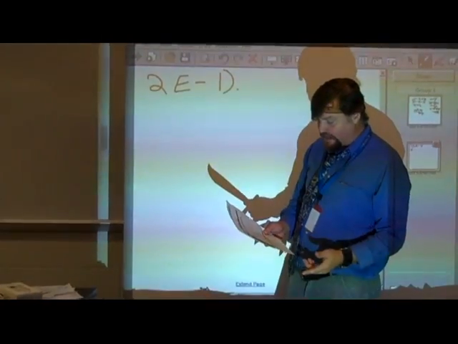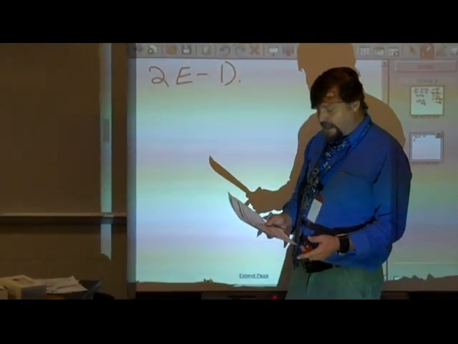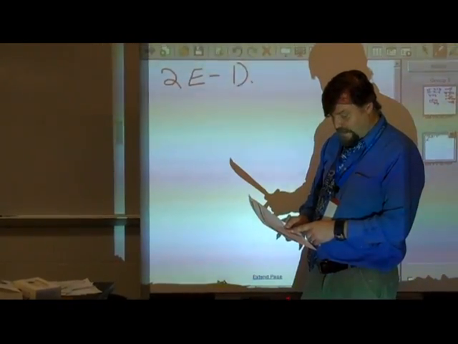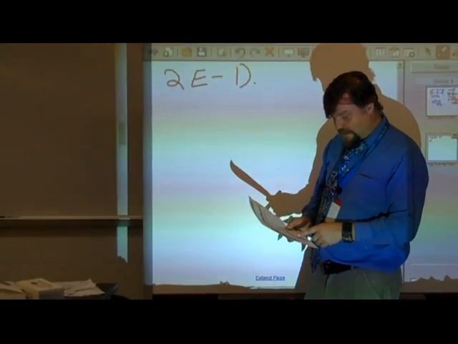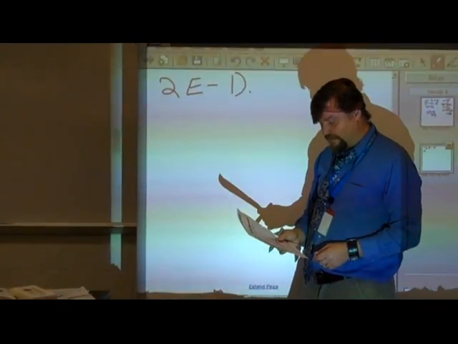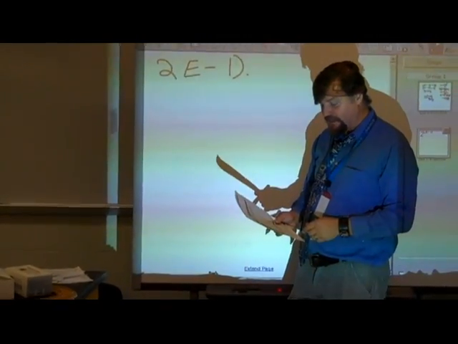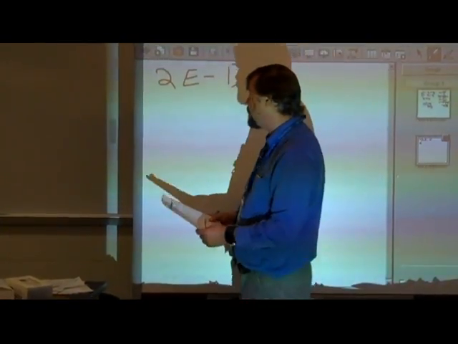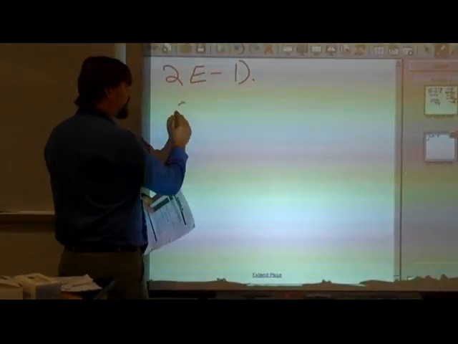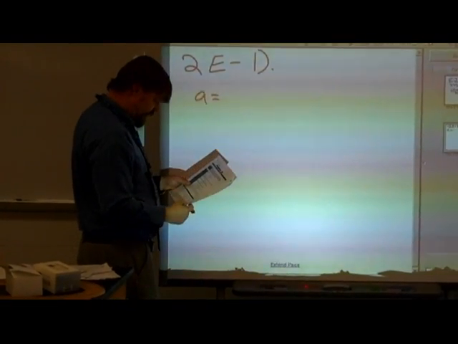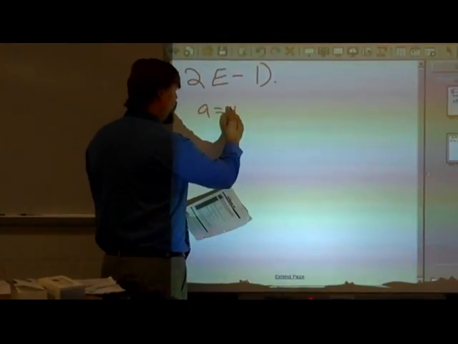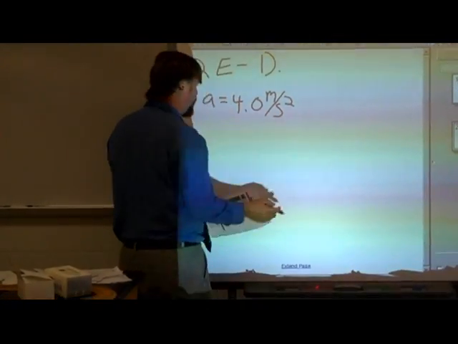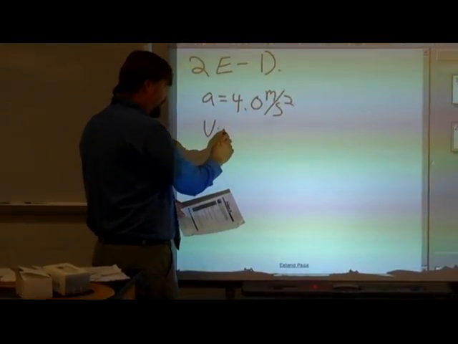All right, so if we're given an acceleration, an initial velocity and a final velocity, and we're looking for distance, then our sample problem tells us how to use this equation up here. So let's write down what we have. We have an acceleration which equals 4.0 meters per second squared, and we have an initial velocity.